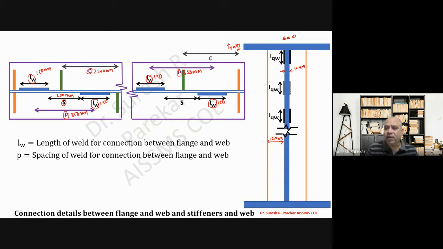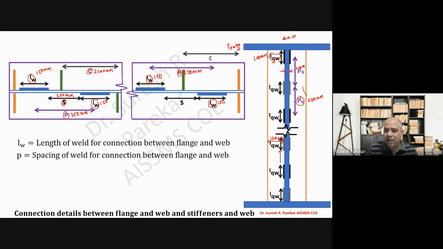Then you have to write down the length of weld for the connection between stiffener and web. So let us say you have this value as 100. So write down the values over here, 100, then the pitch you have to write down. Let this pitch be 250 millimeter, and then we will get the clear spacing between the welds, and that clear spacing you have to write down.